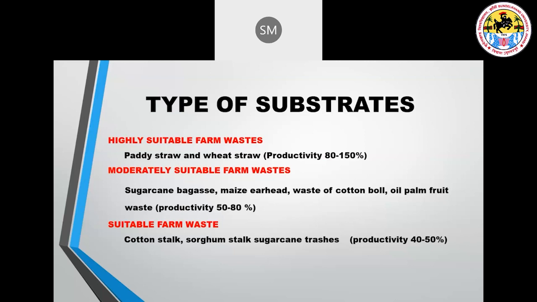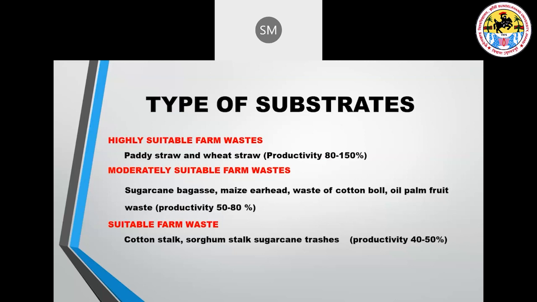These components are very helpful to degrade and colonize this kind of pulse-based substrate. So we should not ignore the efficiency of this pulse-based substrate. It must be used in mushroom cultivation, even in button mushroom for the production of compost. They are very beneficial.